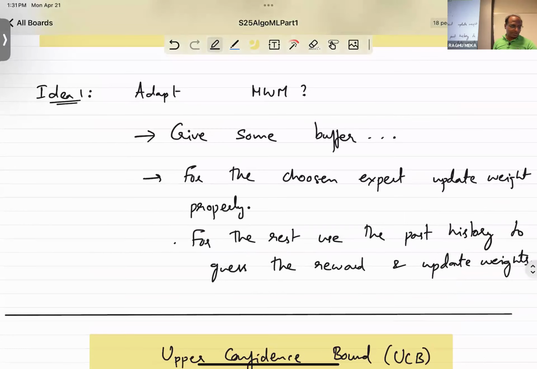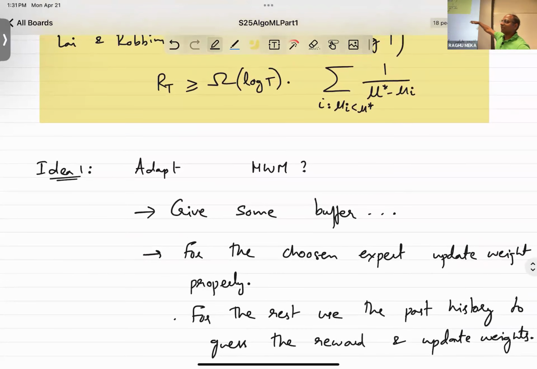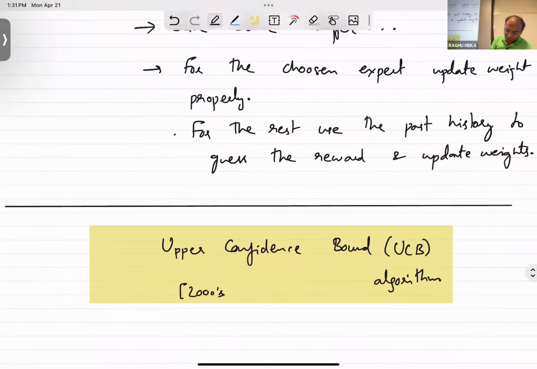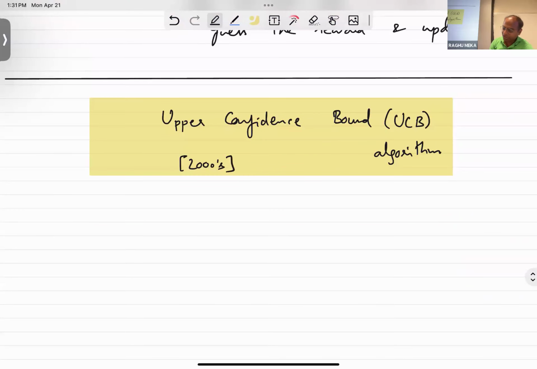And the way to fix multiplicative weights in this way is called EXP3. That's again a different algorithm, but let's look at UCB, which is I think the simplest and a really beautiful, very clean algorithm. And it comes with a very simple principle.